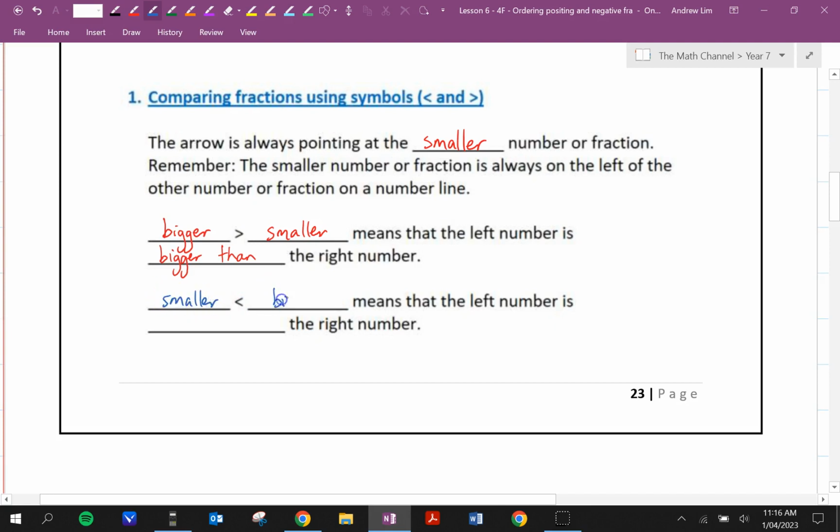This one has to be bigger. That means that the left number is smaller than the right number. Now, most of the time we call this less than. And for this one here, we usually call it greater than.